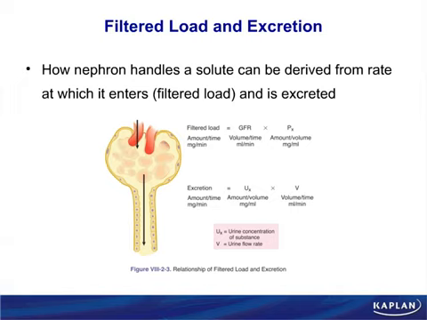So, filtered load and excretion rate. Your filtration is up here in the glomeruli, and your excretion rate is in the urine. Don't forget what happens in between filtration and excretion. Well, you might be reabsorbing, you might be secreting. So now you have to think about reabsorption and secretion, and then the net result is excretion. So in between filtration and excretion is reabsorption and secretion.